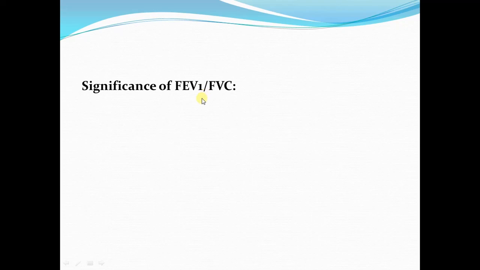So that's why in restrictive lung diseases, FEV1 to FVC ratio is normal, because both the values are going to change proportionately. And in case of obstructive lung diseases, there is marked reduction in FEV1 as compared to FVC, so the ratio is going to decrease. So this difference of the ratio helps us to differentiate between the two conditions, that are the obstructive and the restrictive lung diseases.